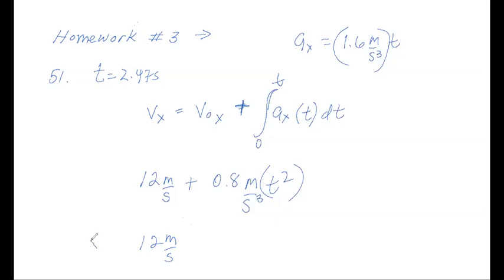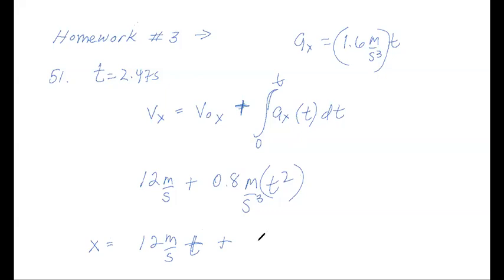And we want to know the x direction, right? All right, so we have to integrate one time to get that velocity. This is going to be 12 meters per second plus the integral of that, which is 0.8 meters per second cubed times t squared. Now we have to integrate the whole thing again to get the position. So x equals 12 meters per second times t plus, what would that be?